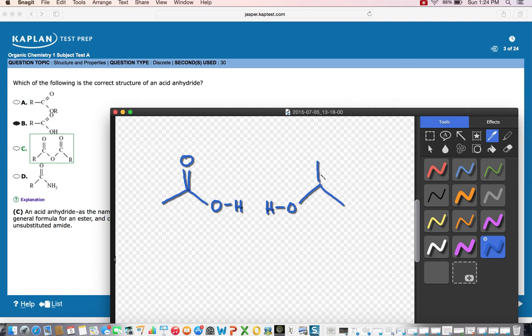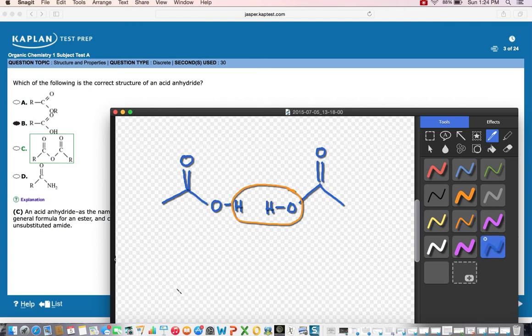So if I take 2 carboxylic acids, in this case 2 acetic acid molecules, and I perform a condensation reaction, I lose the elements of water. Notice I'm circling H2O. This is going to go away.